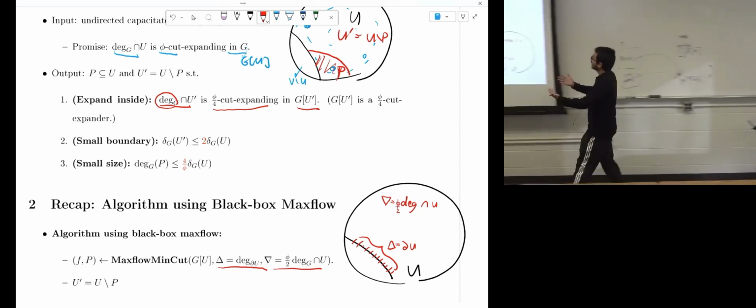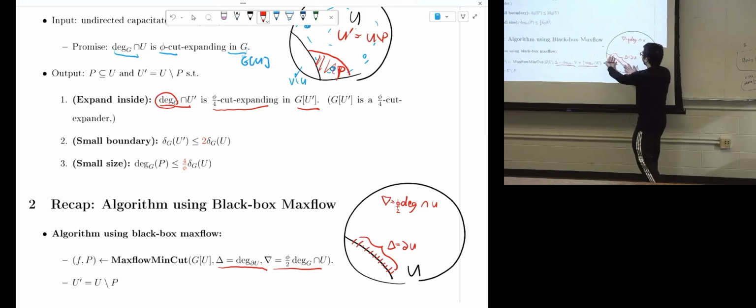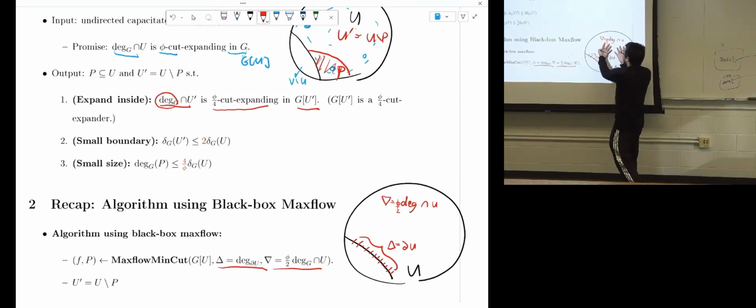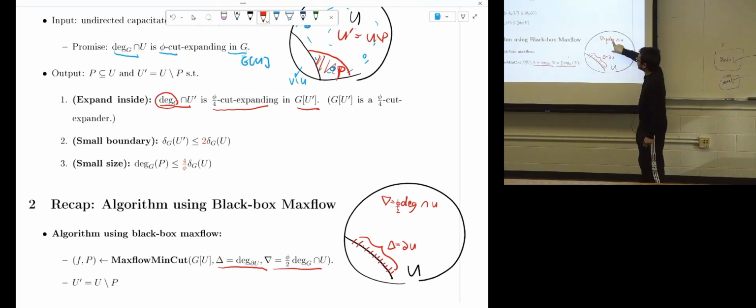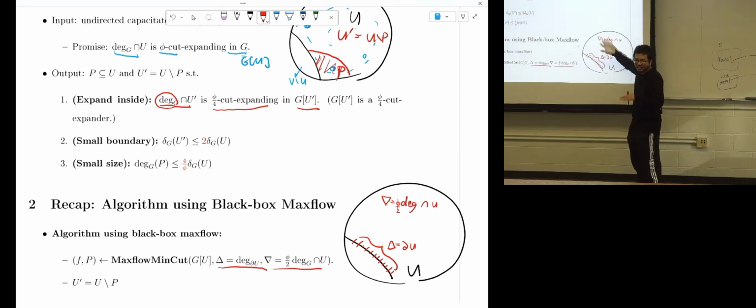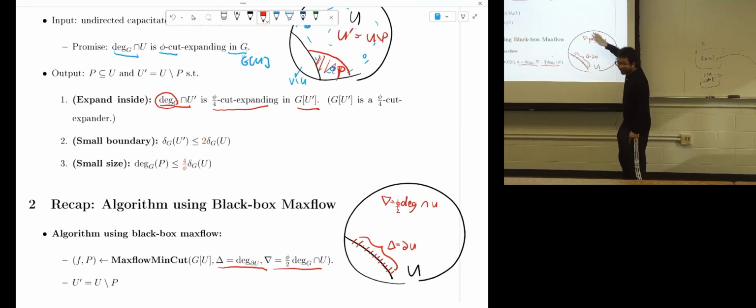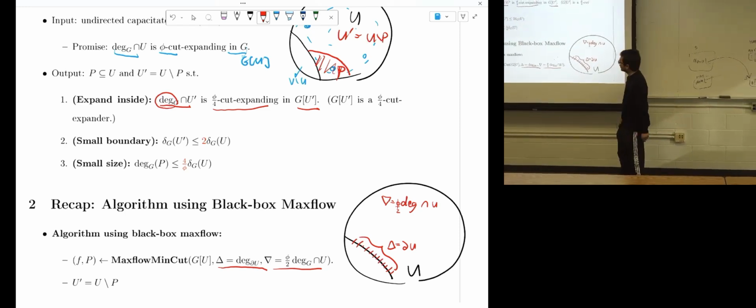So try to send things from the boundary to things here, but each of them can absorb only its degree, scaled down. That's the algorithm, and just try to send this flow.